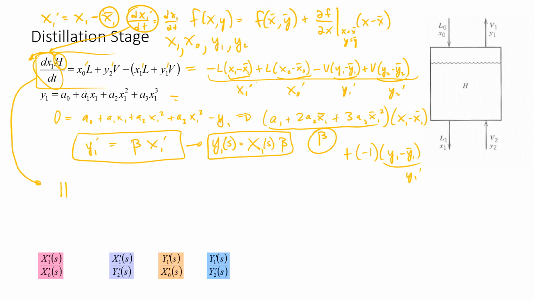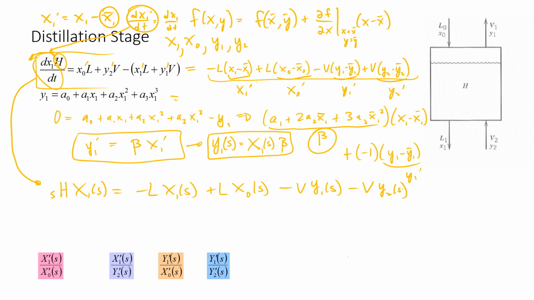So I have h s x1 of s equals negative L times x1 of s plus L times x0 of s minus v times y1 of s minus v times y2 of s.